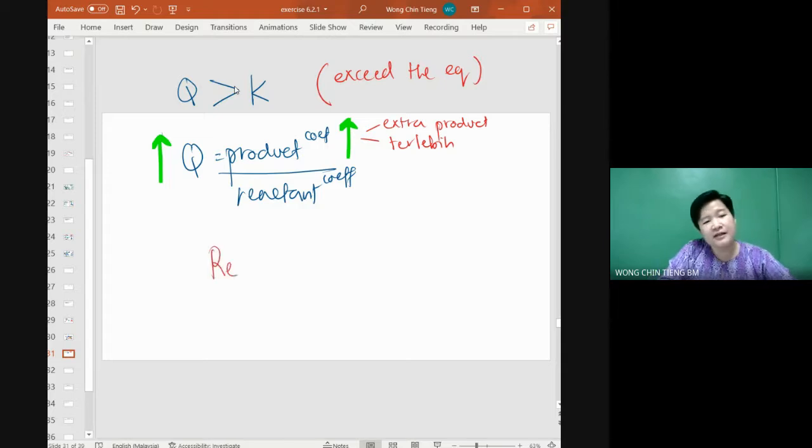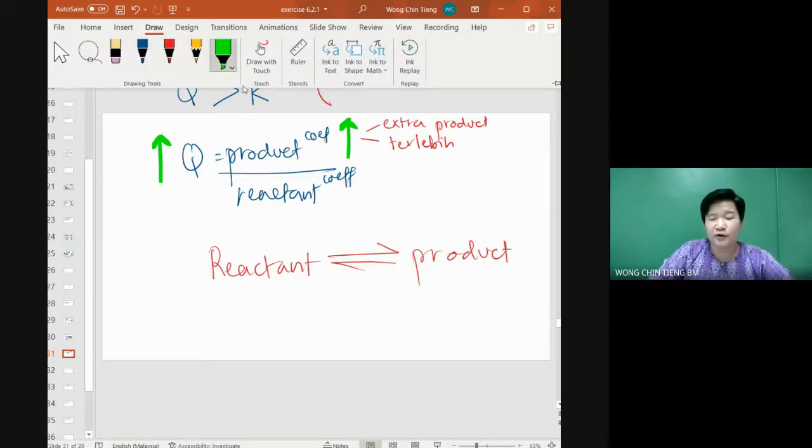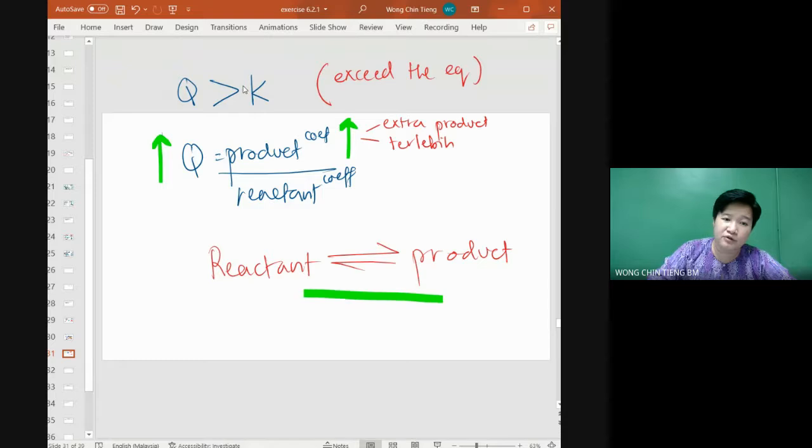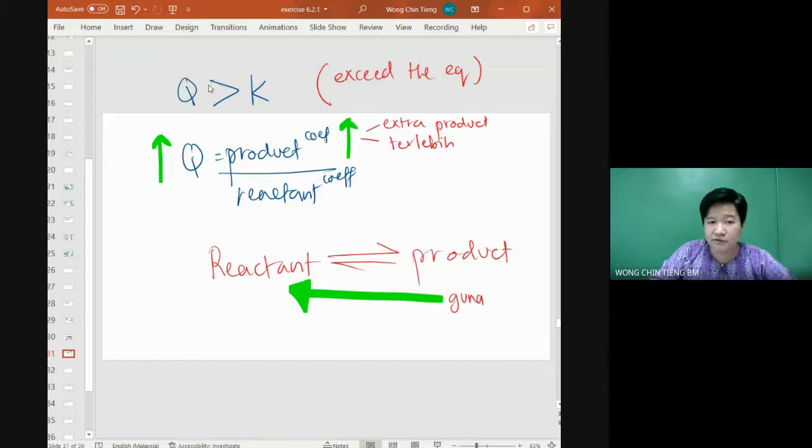Therefore, you have your reactant macam biasa. You have your product macam biasa. And then your product sangat banyak. So bila produk kamu dah terlebih banyak, produk kamu dah lebih daripada apa yang saya patut ada. So we will be shifting from the product to the reactant. Kita akan gunakan produk tu. Alright, we will use the product so that we reduce the product that you have.